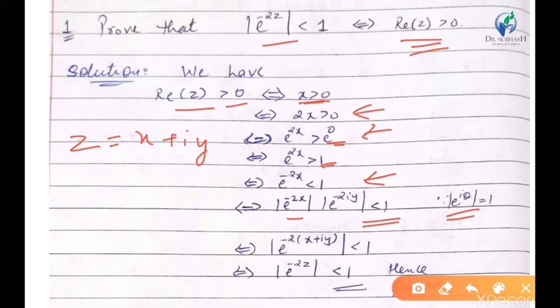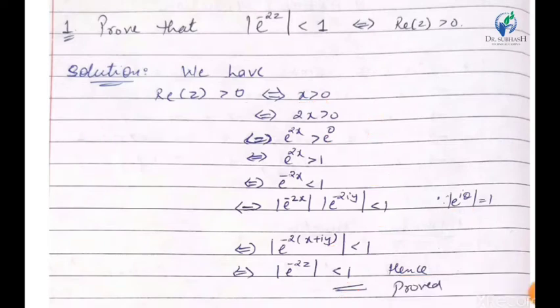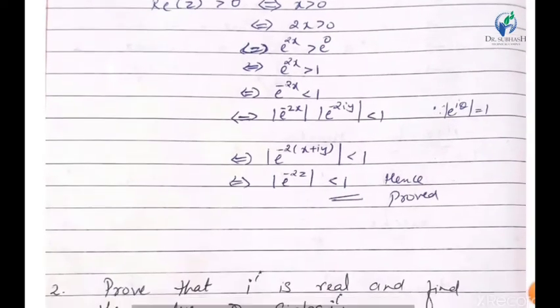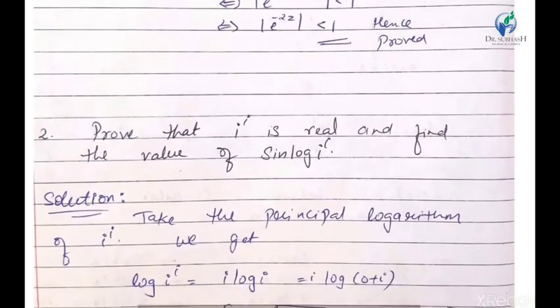So we get mod of e raised to minus 2 times x plus iy less than 1. Now x plus iy is z. So mod of e raised to minus 2z is less than 1. Hence we have proved what is given in the question. Now let us move to some more examples.